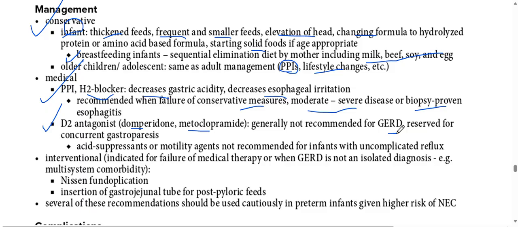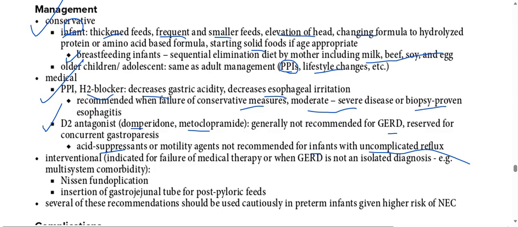So we can give acid suppressants like antihistamines and PPIs, and then use certain dopamine antagonists like metoclopramide and domperidone. Acid suppressants are not recommended for infants with uncomplicated reflux. In uncomplicated reflux, don't give too much medication to a small infant.